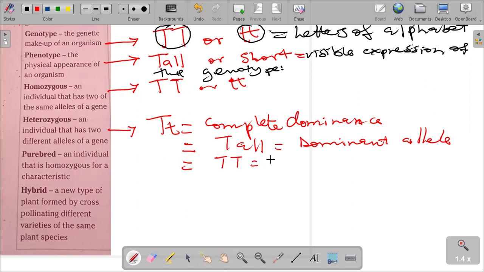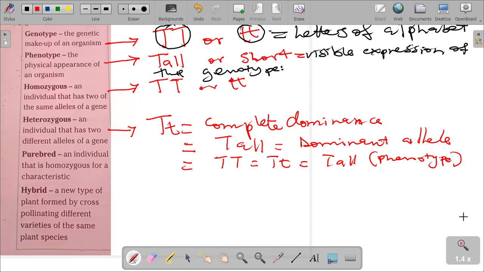So we are saying homozygous dominant is equal to heterozygous is equal to tall if we are going to represent the phenotype. They can only differ in the genotype, but when we interpret the phenotype, it can mean the same. Homozygous dominant is equal to heterozygous dominant, it is equal to tall.